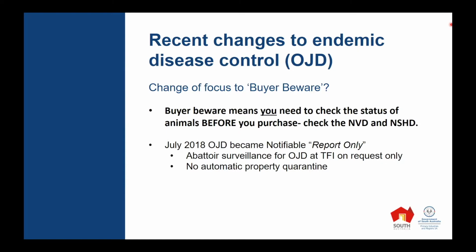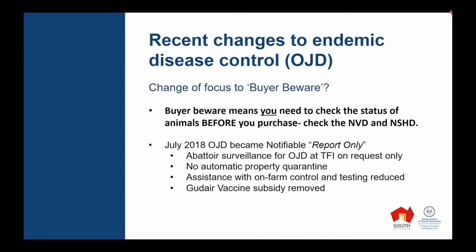We ceased having automatic property quarantines for detection of disease. So if we did pick it up, either through a trace, an investigation or an abattoir detection, properties were no longer placed under a quarantine order. And the amount of on-farm control and testing that we could assist with was reduced.